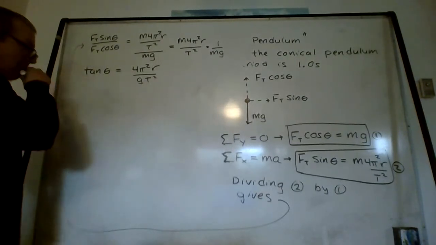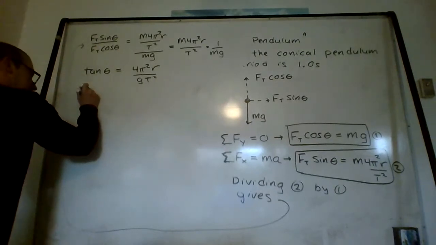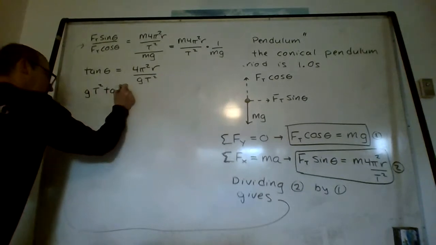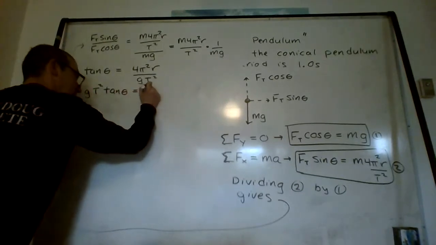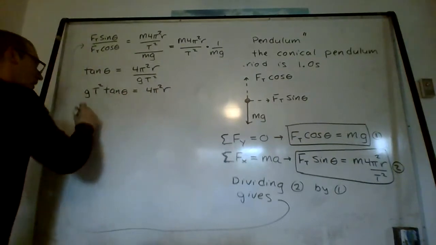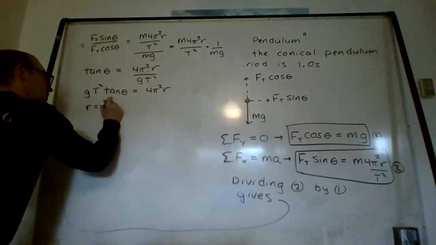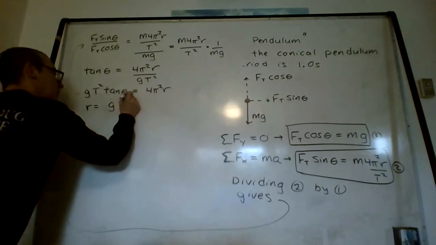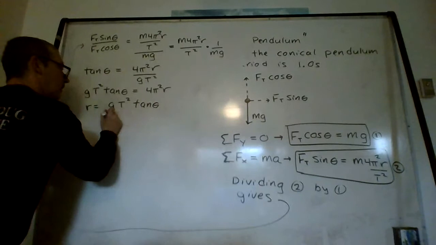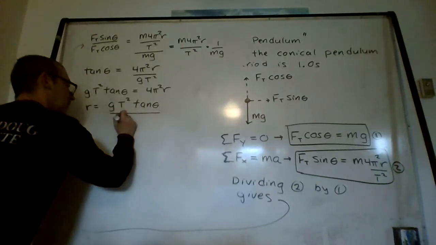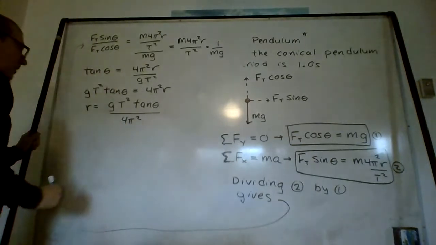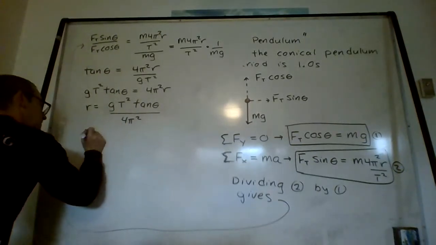I have g t squared tan theta equals 4 pi squared r. Solving for r gives me r equals g t squared tan theta over 4 pi squared. And now I plug some numbers in.